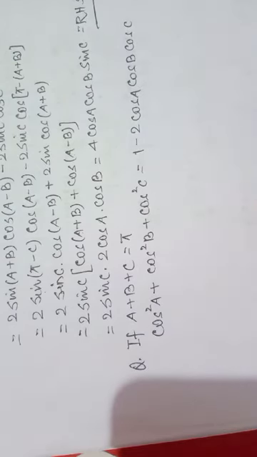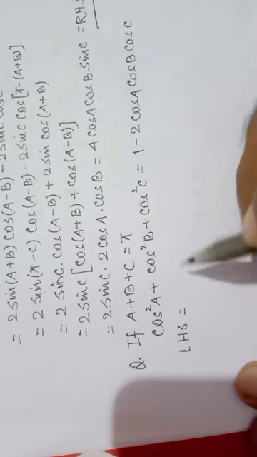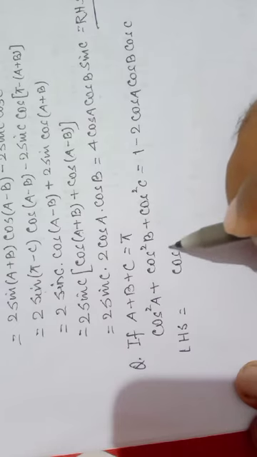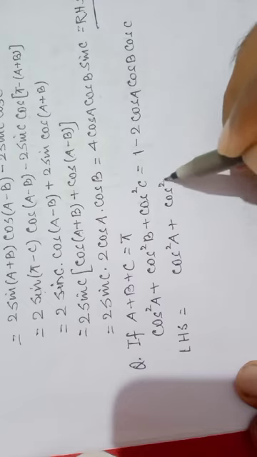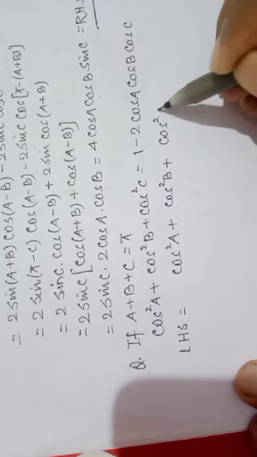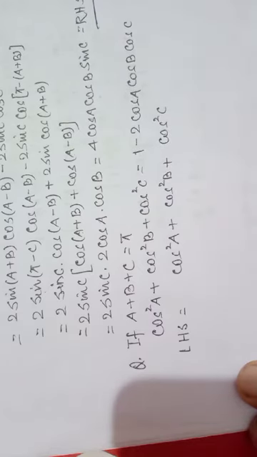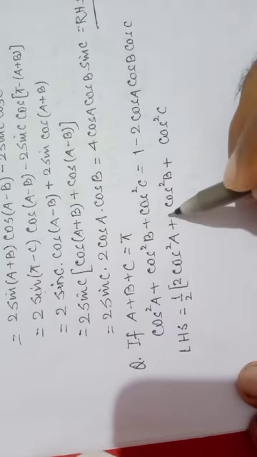See, this is your question. Start from LHS. Our LHS is cos square A plus cos square B plus cos square C. In the very first step, children, rationalize it by 2. So 1 by 2, each term here multiplied with 2.